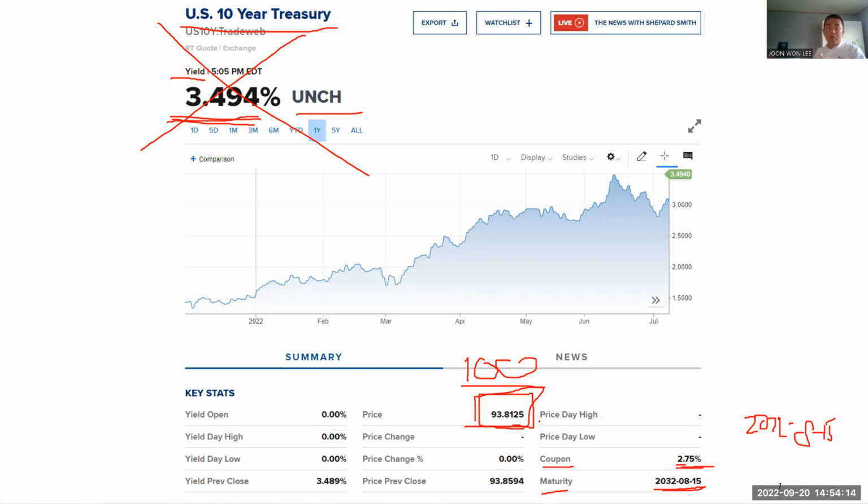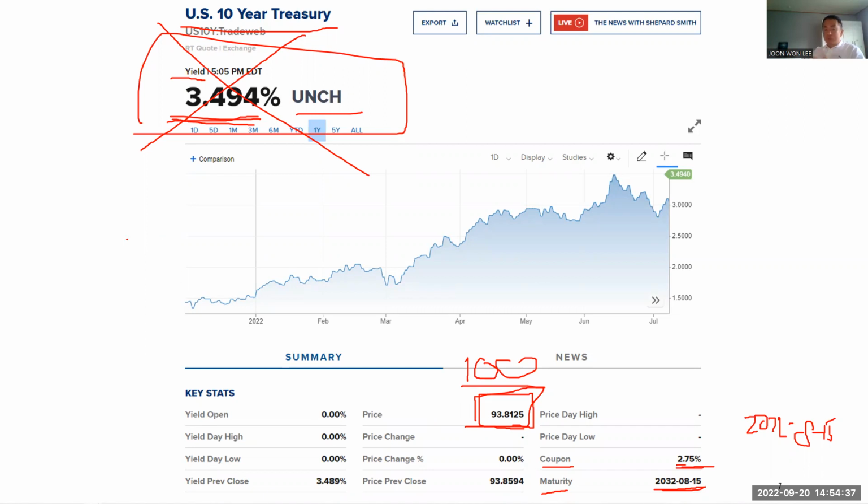So that's all we have at the moment. Then what is going to be the yield to maturity if you keep the bond to maturity when you purchase this bond at this price?